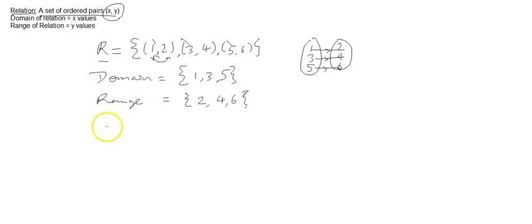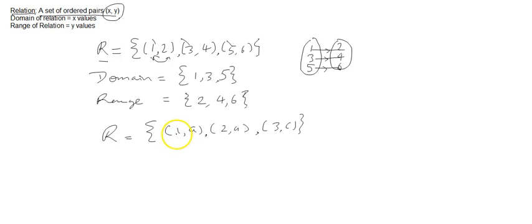There can be other examples of relation also. Say R is equal to (1, A), (2, A), and (3, C).